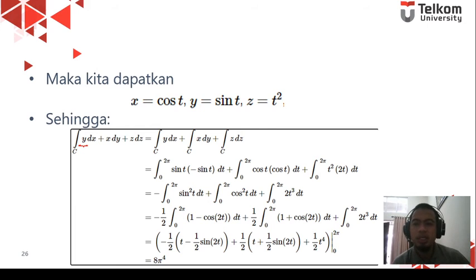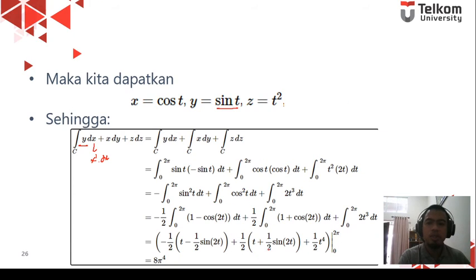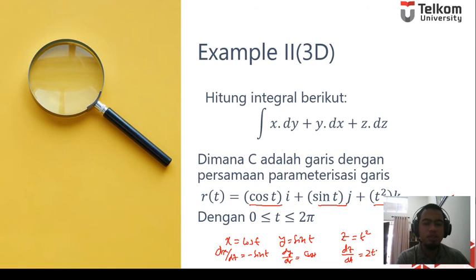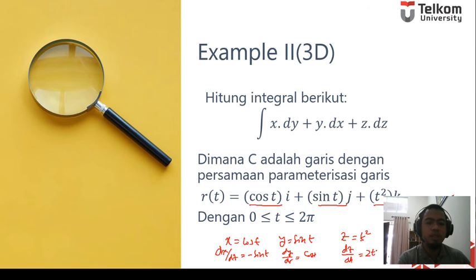We change y becomes sin t. As we mentioned, dx here is x prime dt. So x prime should be here, minus sin t. So we get sin t times minus sin t dt, plus this one, x equals cos t, and dy should be here, cos t. Cos t times cos t dt, plus z. Z here should be t squared times dz in here, which should be 2t.